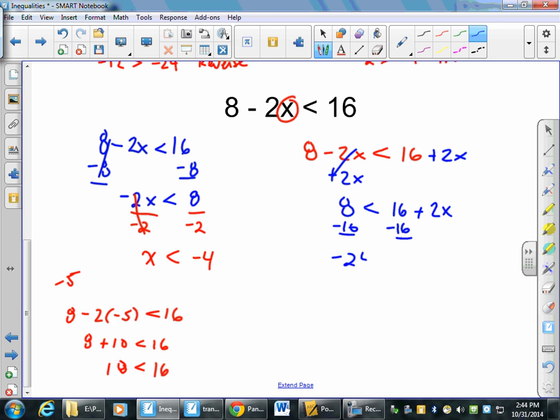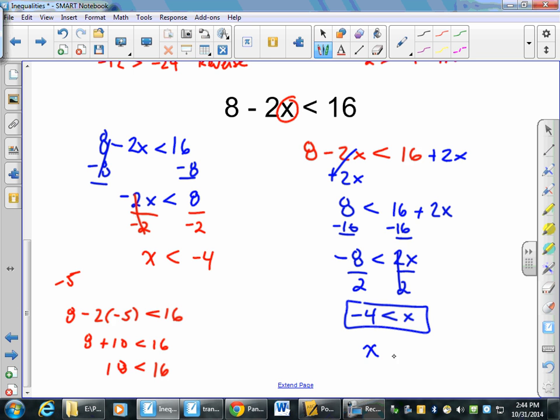Subtract 16 from 8, and we would get negative 8 is less than 2x. Divide by 2, divide by 2. Notice we're dividing by a positive number. Negative 8 divided by 2 is negative 4. 2 divided by 2 would be 1. And we end up with negative 4 is less than x.